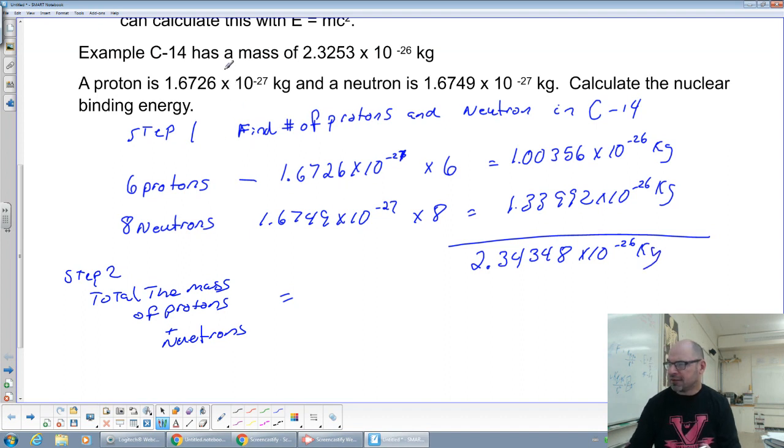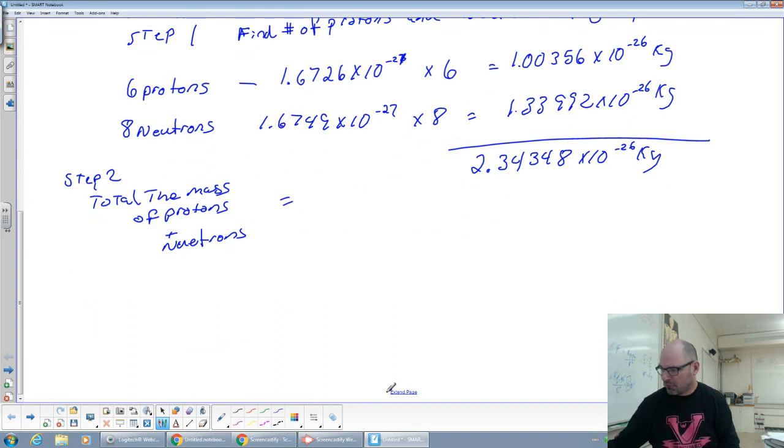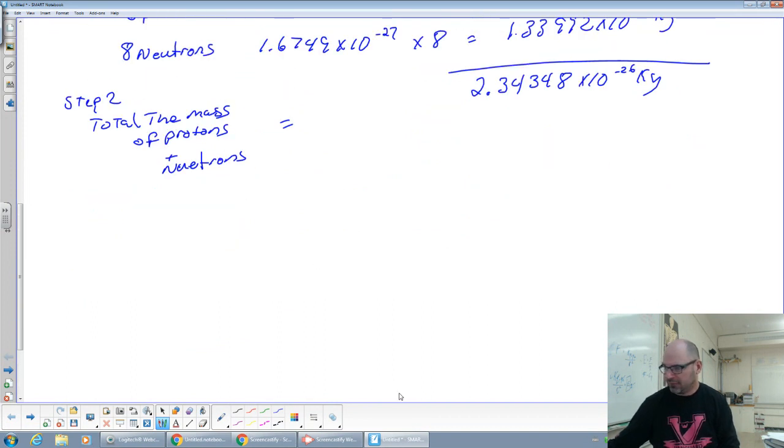Okay, so now you can see that we take the lighter mass of the atom and we subtract the atom in step 3 to get the mass defect. Calculate the mass defect in step 3.